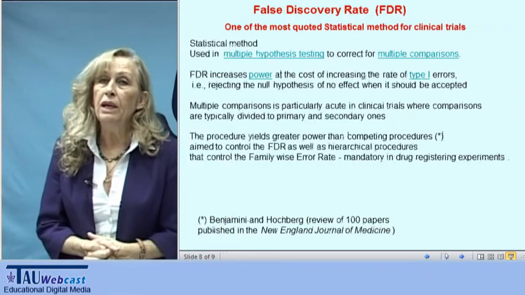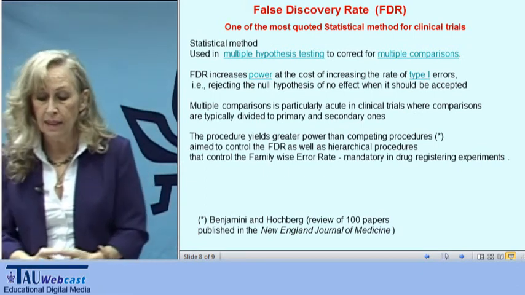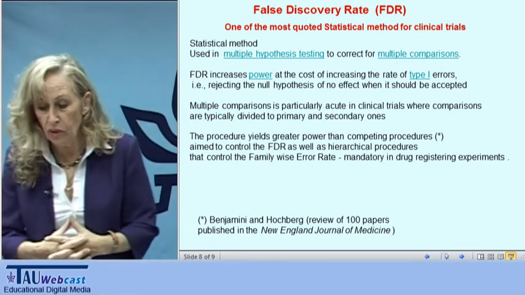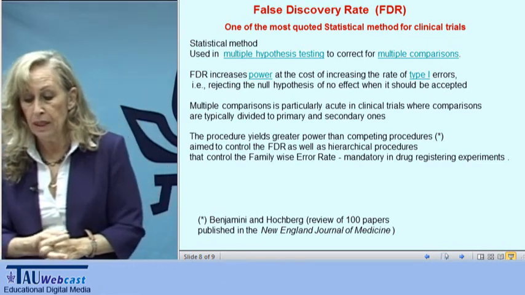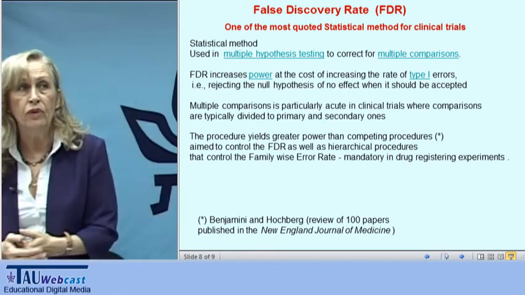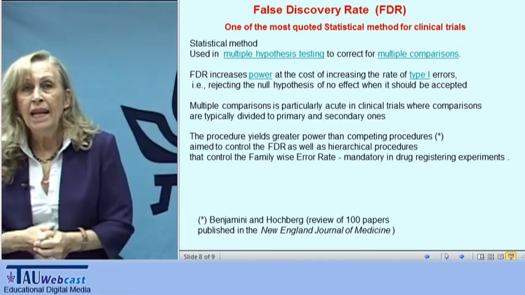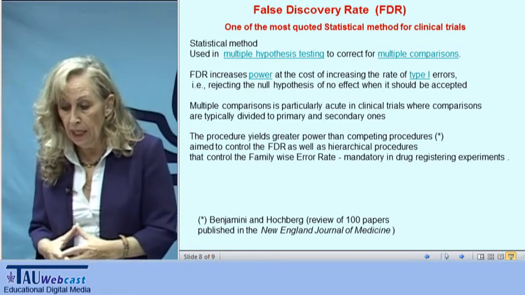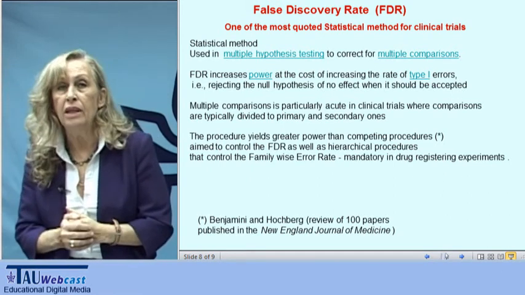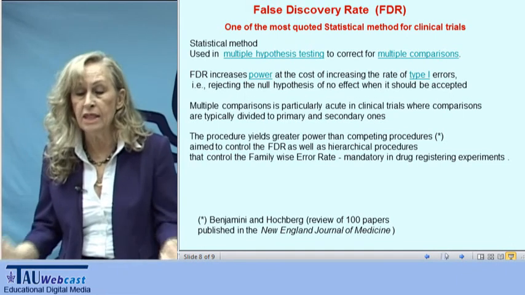Another thing which could be a very strong added value from our side is the false discovery rate. It's one of the most quoted statistical papers or methods in clinical trials, and actually it was developed here at Tel Aviv University by Professor Yoav Benjamini, and the whole idea is really to increase the power while controlling false discoveries.